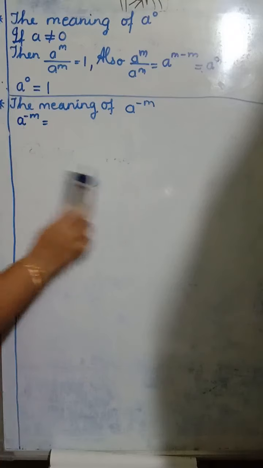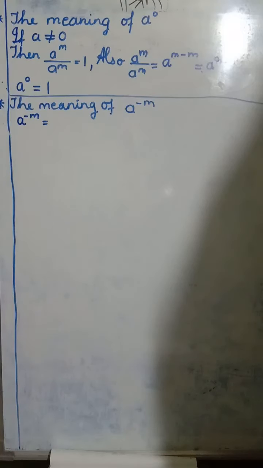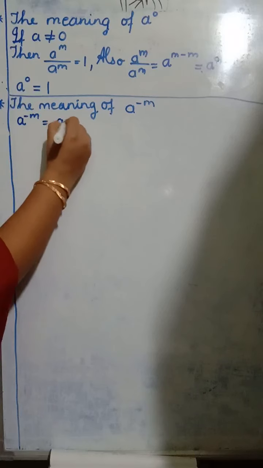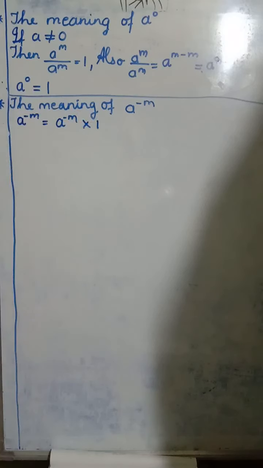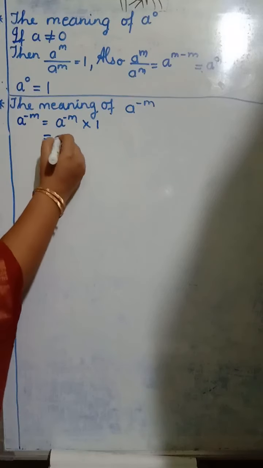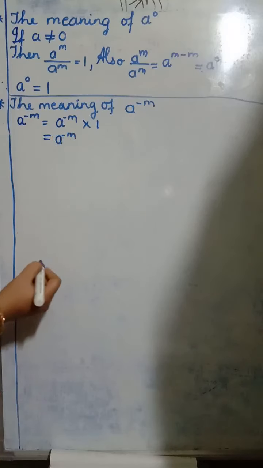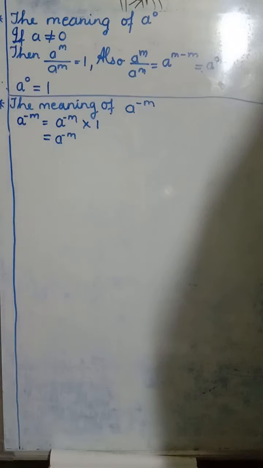Suppose now I want a multiplication that gives me the answer a raised to minus m. So can I multiply a raised to minus m with 1 so that I will get the answer a raised to minus m only? Yes. Now if you see here, a raised to minus m I will write as it is. If you look up, 1 is equal to what?